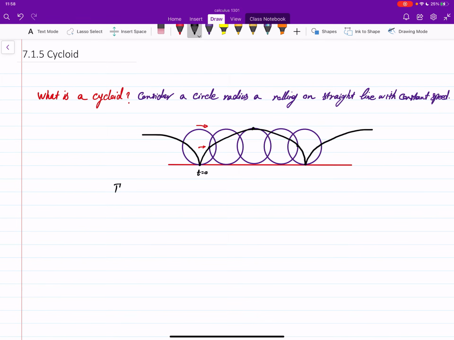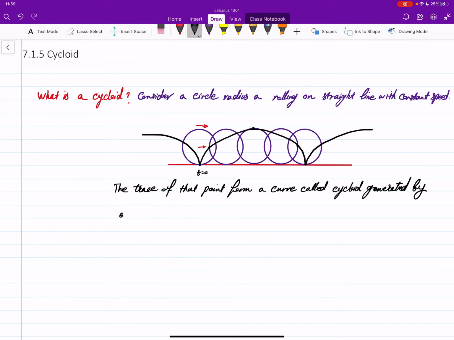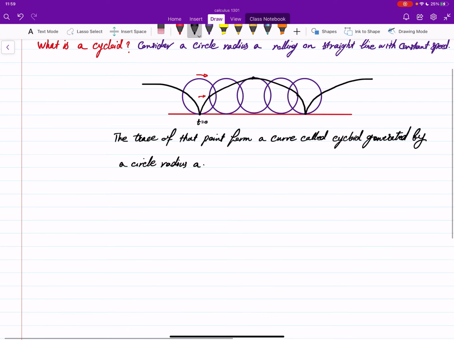So the trace of that point forms a curve called the cycloid generated by a circle of radius A. Okay, so it's periodic, it repeats itself.